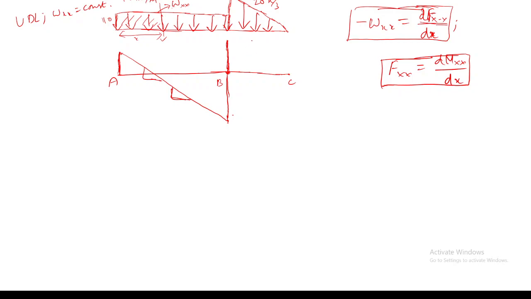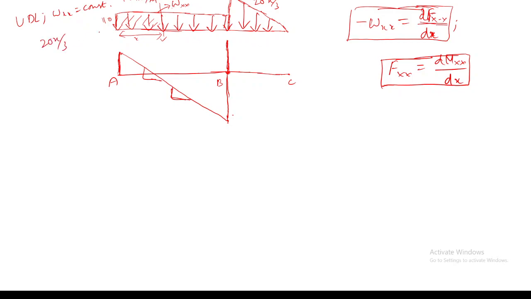Then coming to this triangular part, what will be the slope of the shear force? Reducing. Yeah, it will be reducing since the loading is reducing. So you have 20x by 3 as the loading part.